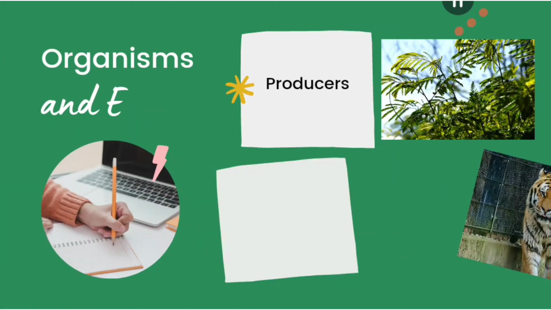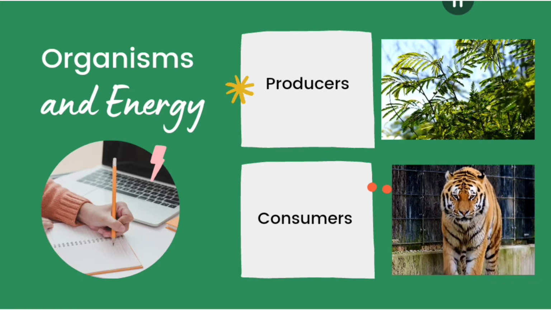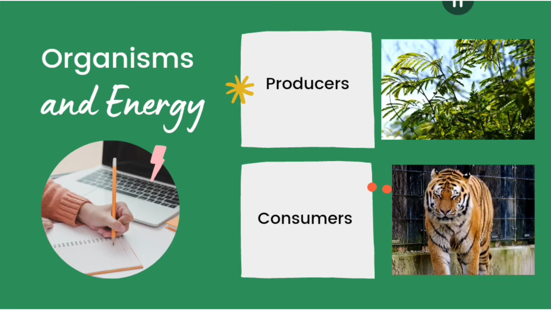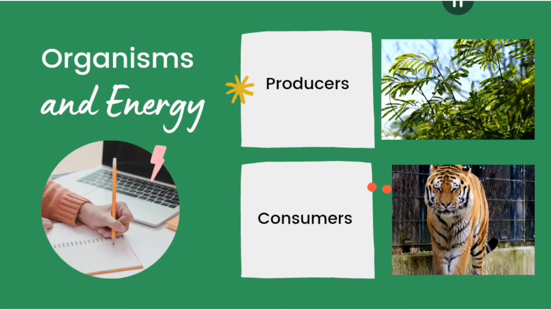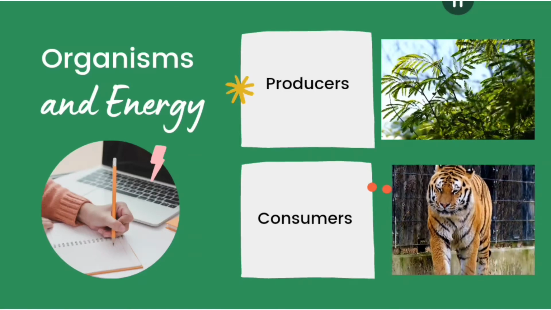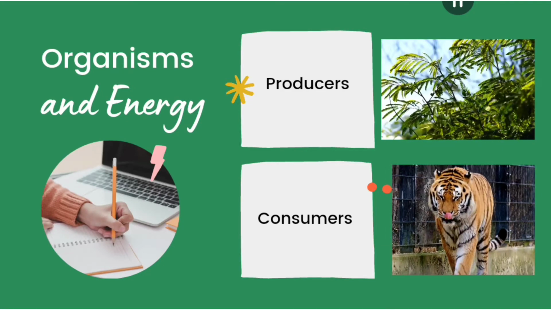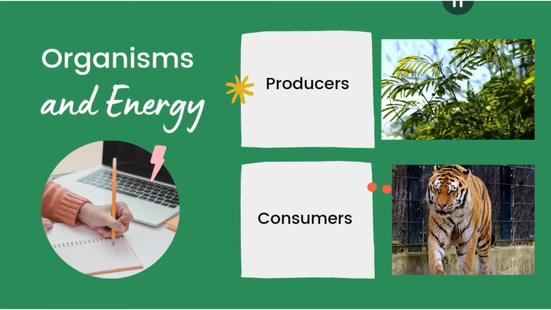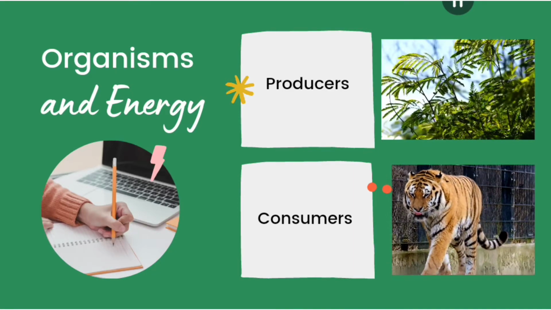So let's get started with the lesson, organisms and energy. Scientists classify organisms by the way they get the energy that they need to survive. Almost all energy on Earth comes from the sun, right? Some organisms, such as plants, are able to capture this energy directly and convert it into energy-rich sugars that they use for food.